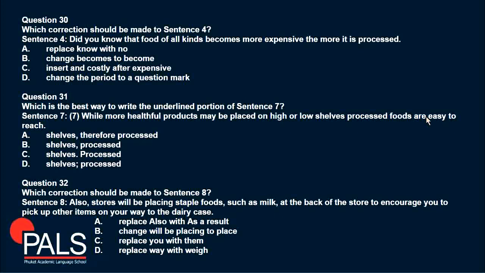And in sentence 8, also, stores will be placing staple foods such as milk at the back of the store to encourage you to pick up other items on your way to the dairy case. So what do you think should be the correction on sentence 8? Try to understand the questions properly, pause your screen and have a few minutes to think about it.